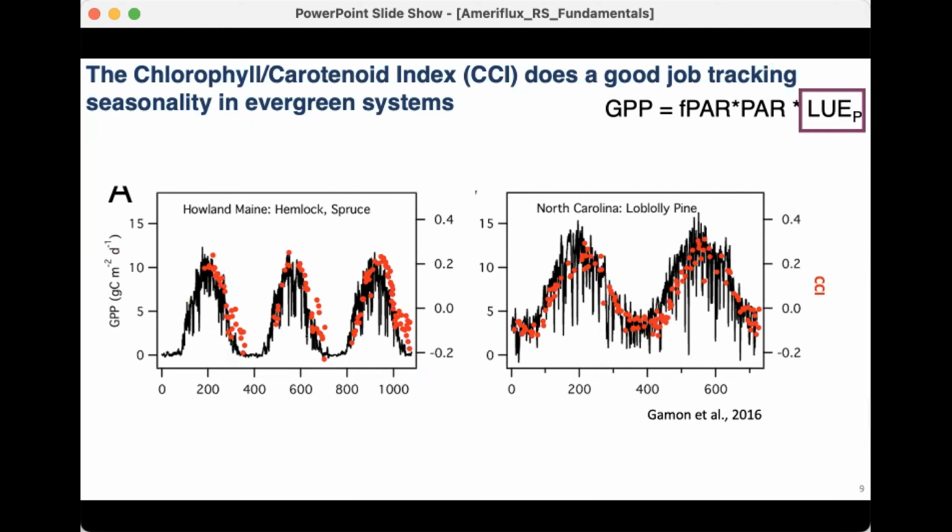CCI does a really good job tracking GPP over the course of the season, especially in these periods of dormancy due to winter, and that can be largely attributed to the fact that the light use efficiency of photosynthesis is really dynamic in these systems over the course of a season, whereas the FPAR term is fairly constant over the course of the season.